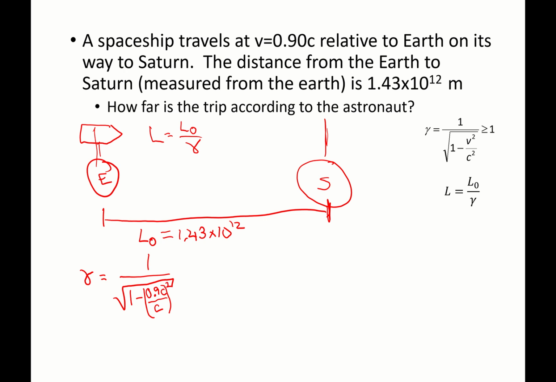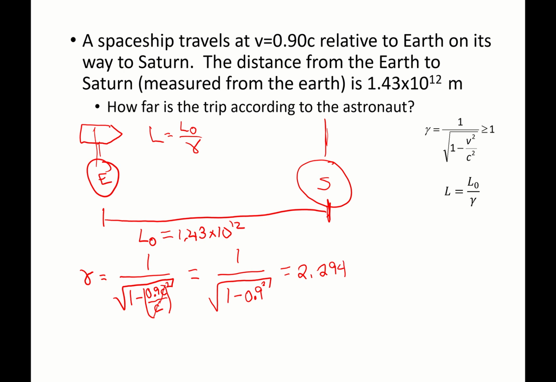And you can see that when I express my velocity in terms of c, the c in the numerator and the c in the denominator are going to cancel out. So I'm going to be left with gamma is 1 over the square root of 1 minus just 0.9 squared. And so I get gamma is 2.294.